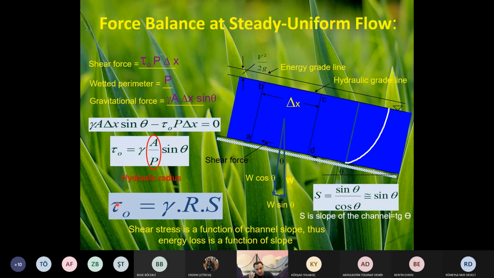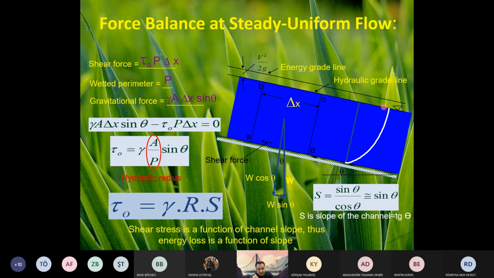So far I told you one important rule in uniform flow. The first one was that channel bed, hydraulic grade line, and energy grade line are parallel with each other in uniform flow.